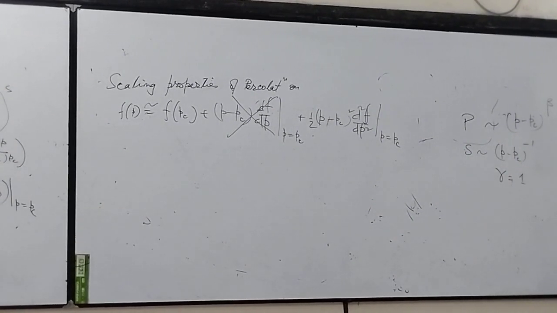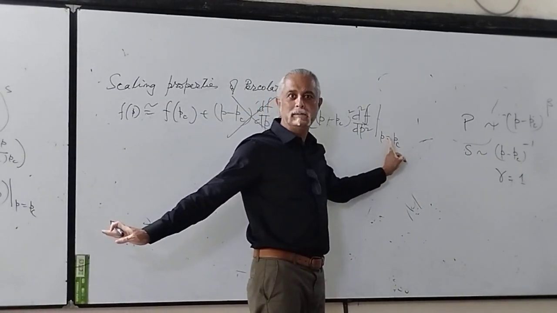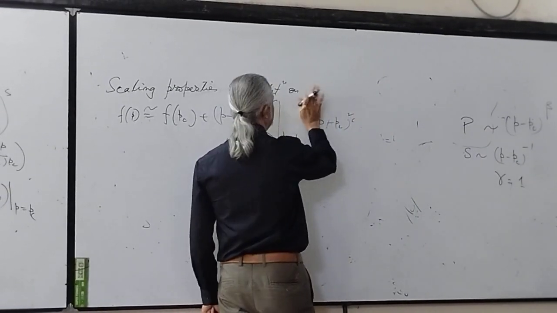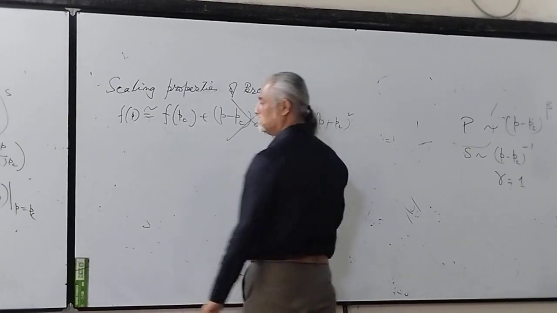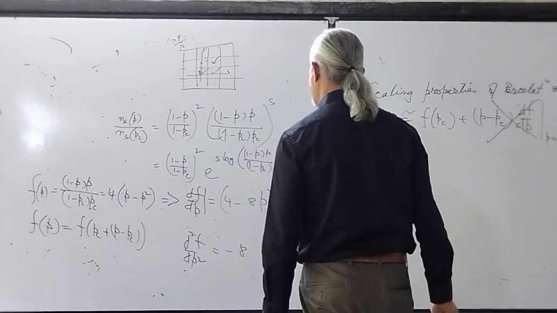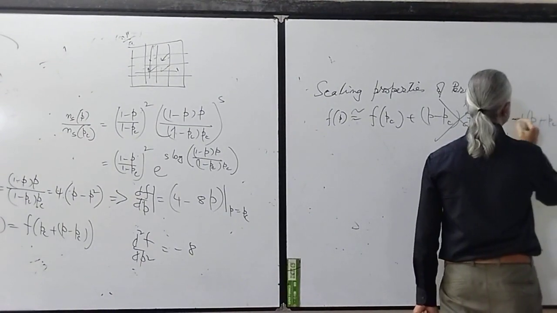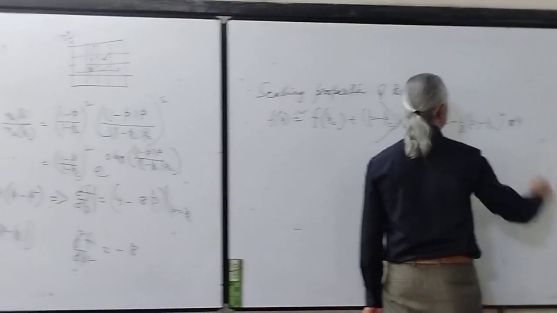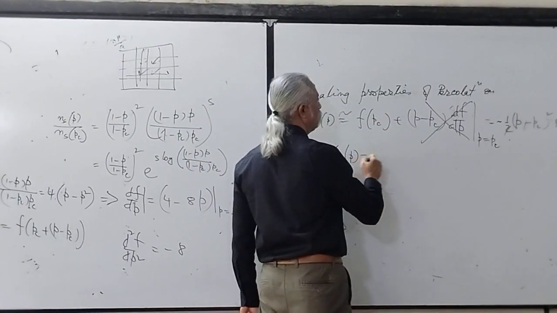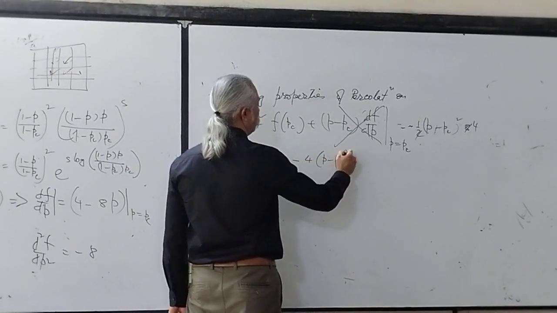Yes? তার মানে এখানে p নাই, তো p equal to pc বসানোর কিছু নাই, so this term is just minus 8, তার মানে minus 4. তার মানে f(p) equal to minus 4 (p minus pc) whole square.